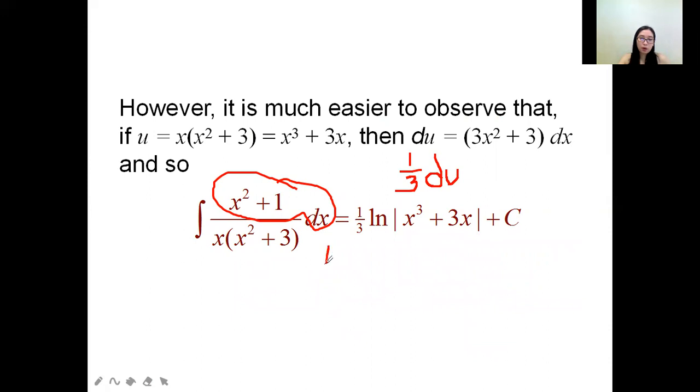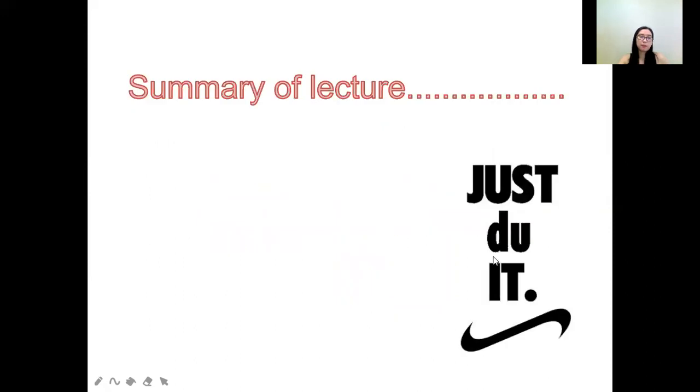So we have 1/3 integral of 1 over u du. So the answer is 1/3 ln absolute value of x cubed plus 3x plus C.